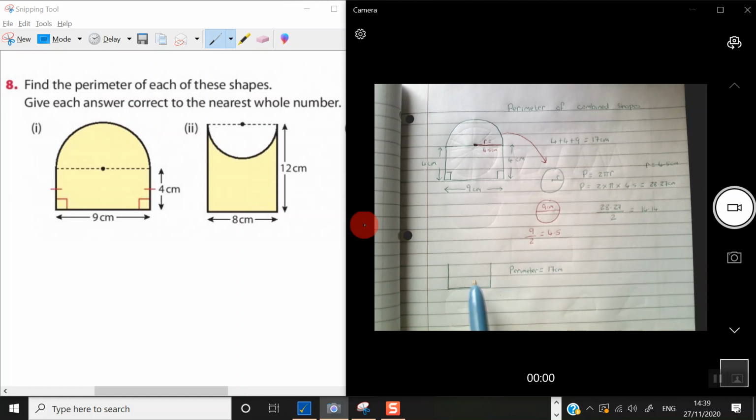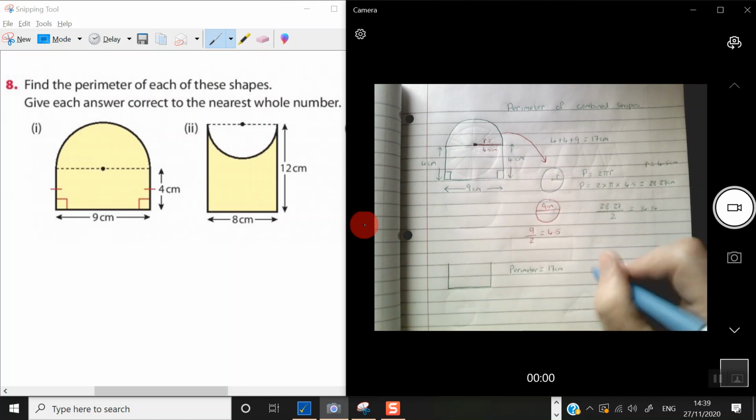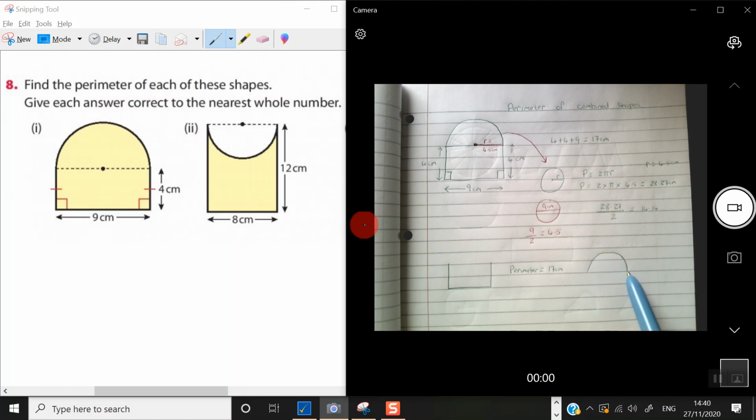And then in addition to that, we also have this half circle, the top part, something like that. The perimeter of this half circle, we've worked it out here.